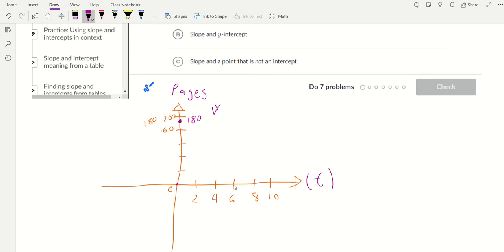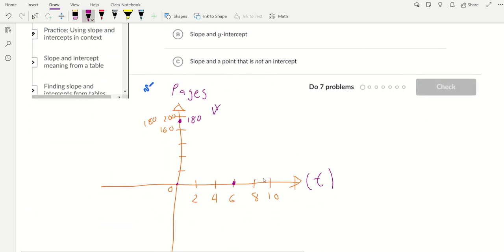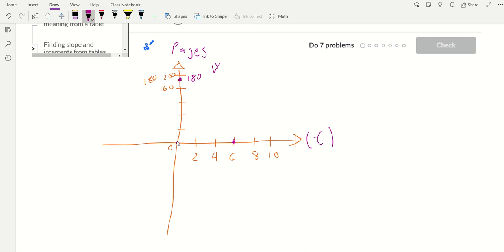And then here, 6 hours. When 6 hours passed, if you can see here, he read the whole book from cover to cover. That means that it took him 6 hours. So when 6 hours passed, there were 0 pages to read. So that will be your x-intercept.